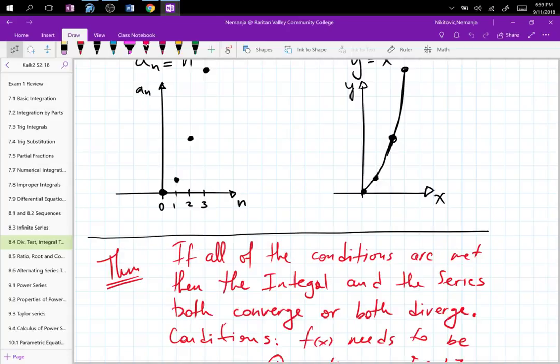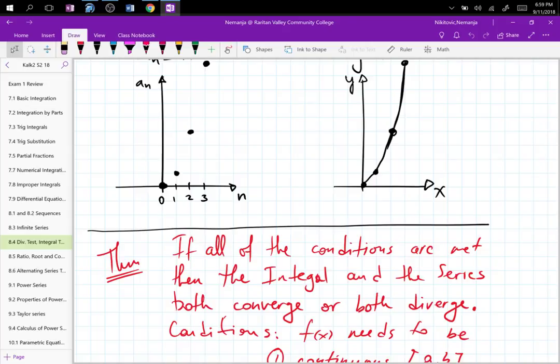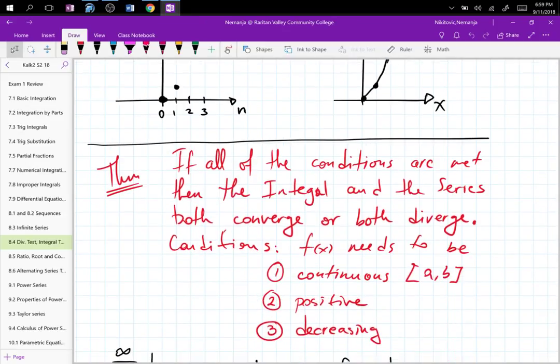The theorem for the integral test has words, and then it says three conditions have to be checked off before you are allowed to use the integral test. Condition number one, continuity. That means that the problem we just did in Calc 1 is going to be solved in a margin of the problem as a setup for a Calc 2 problem.